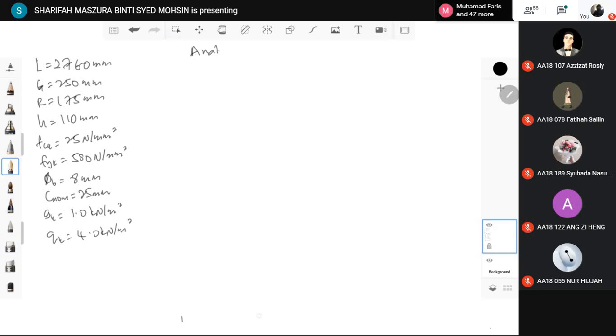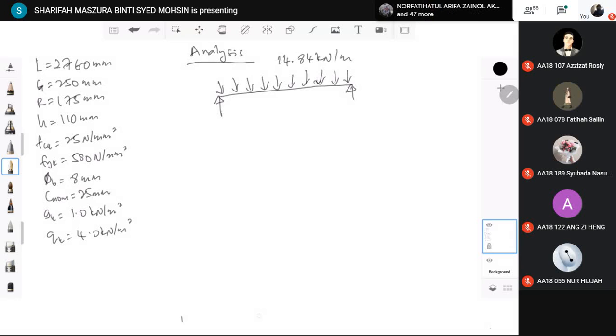So for analysis, 14.84 kilonewton per meter and span is 2.76 meter, A, B. And then we have a bending moment diagram.